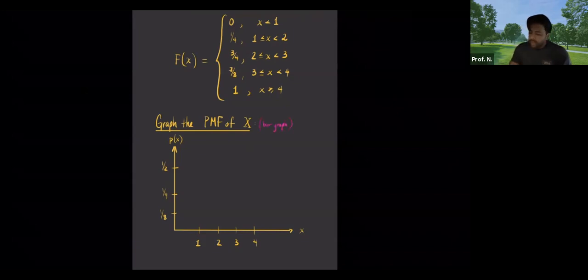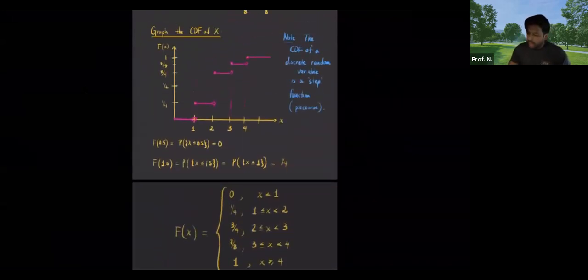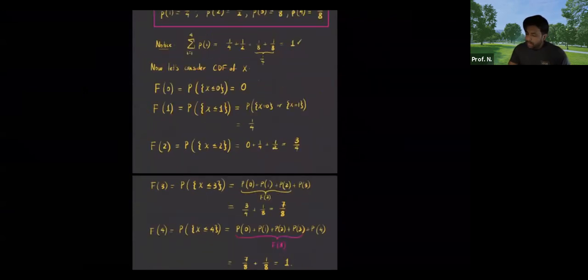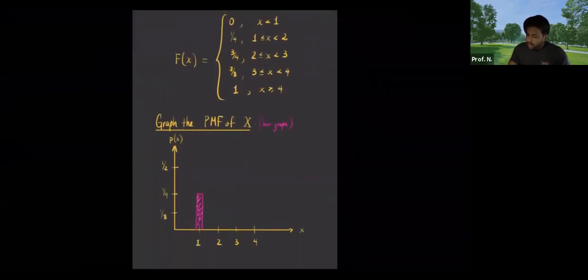At 1, the probability is 1/4, so I draw this little bar here. This is a fourth. At 2, I have a half. And at 3, I have an eighth, and at 4, I have an eighth.